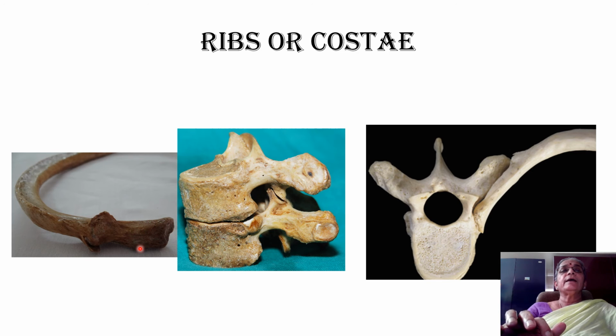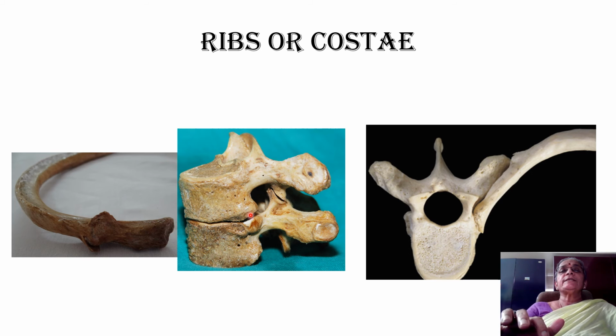This is the neck having the anterior and posterior surfaces, superior and inferior borders, and this is the tubercle which will have a facet for articulation with the facet on the transverse process of the vertebra.